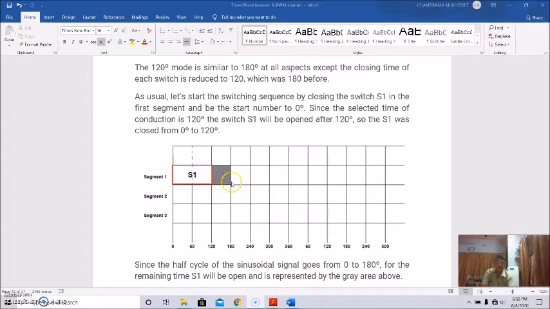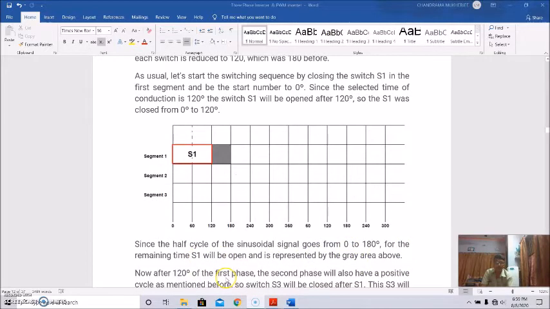If you remember our last class, the three-phase wave is well formed. The first half goes up to 180 degrees, and then another 180 to 360 degrees of the cycle. So for the remaining time, switch S1 will be open, represented by this gray area.